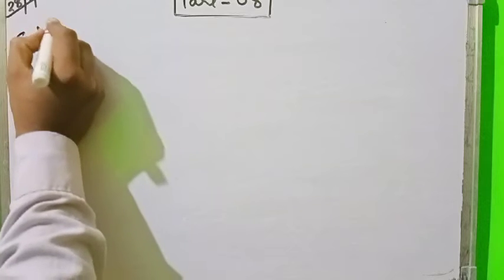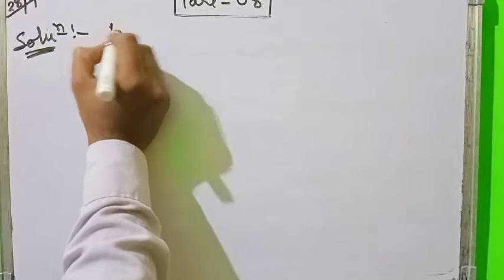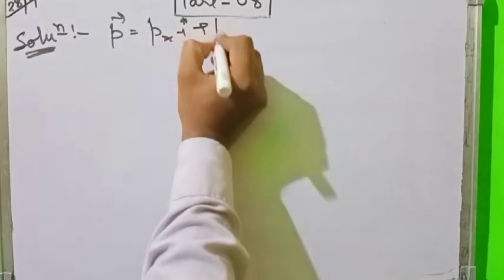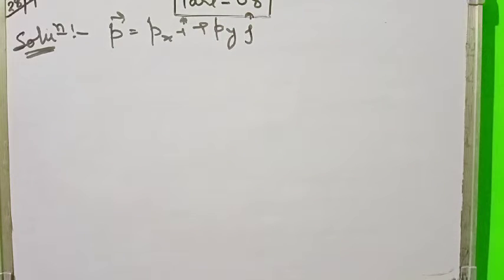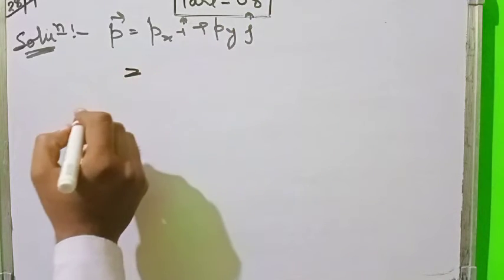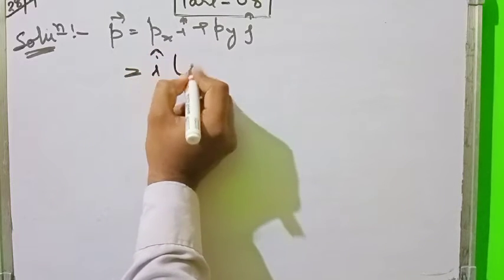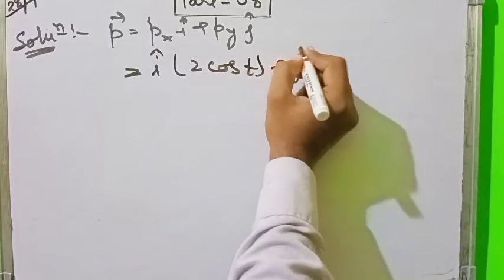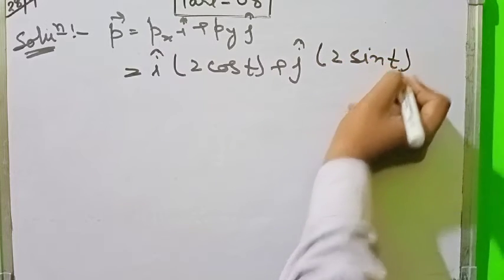So dear students, it is given that vector p is equal to px i cap plus py j cap, and the value of px is given in the question: i cap 2 cos t plus j cap 2 sin t.